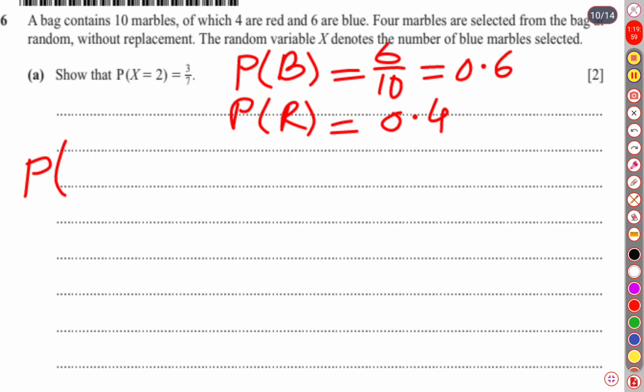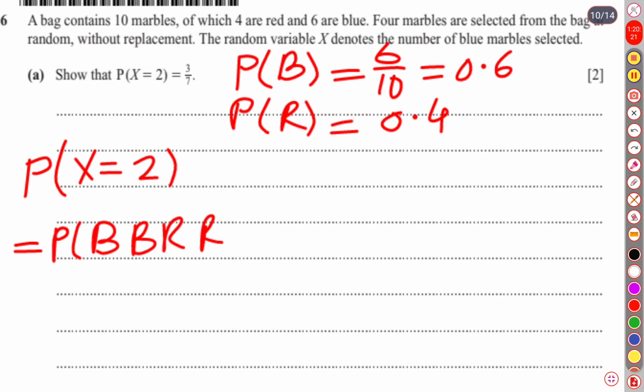Probability of x equal to 2 blue marbles. So what are the possible cases when we pick up the marbles to get two blue marbles? It may happen that the first two were blue and the second two are red, or it may be first one is blue, second one is red, blue, red.